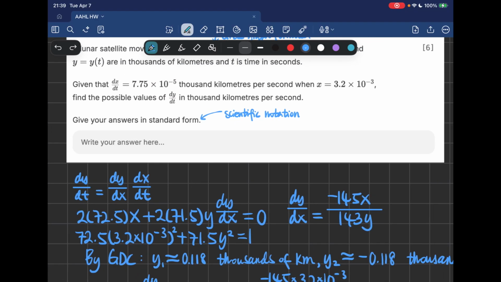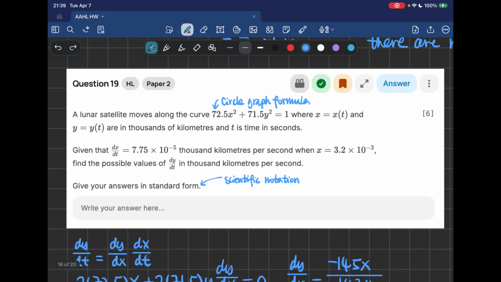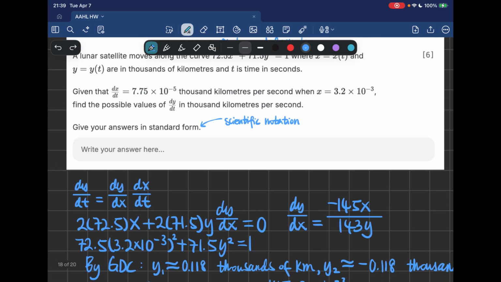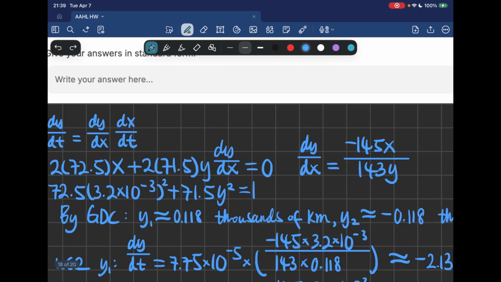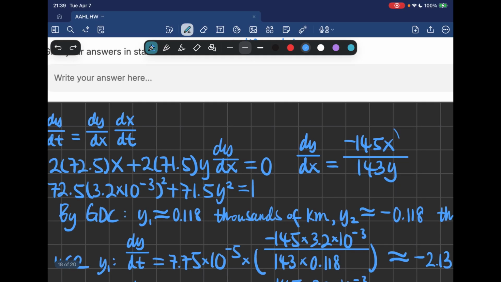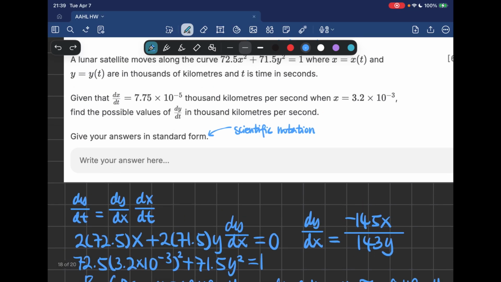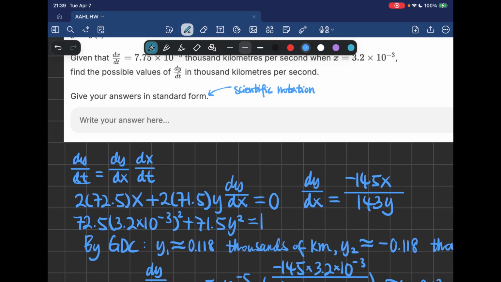We are already given dx over dt, so we need to find dy over dx from this formula. So let's implicitly differentiate it and then isolate dy over dx, and then we get this. We have this and this multiplied together, which equals dy over dt.